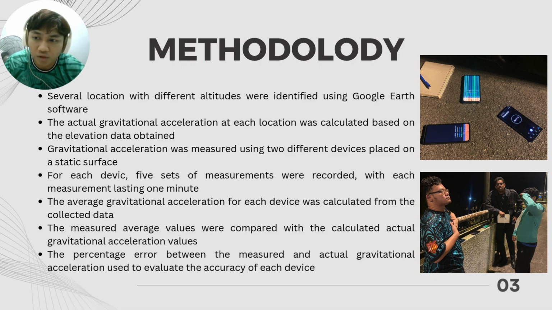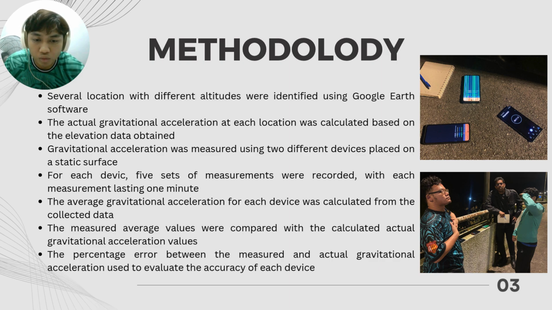During the experiment, we place our device on a completely flat surface to ensure no external movement is captured by the device. This step was conducted to reduce the potential noise and error in our data.